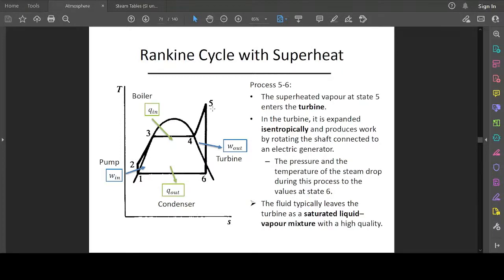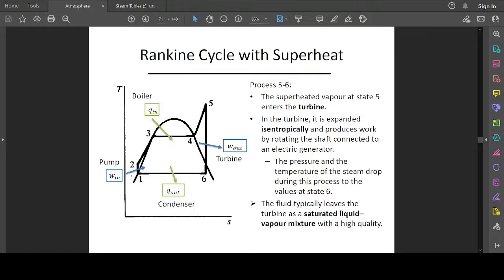So stages 5 to 6 is an isentropic process, okay, and this is where the superheated vapor at stage 5 enters the turbine. Then in the turbine it expands to do useful work, and the pressure and the temperature of the steam drop drastically, as you can see.